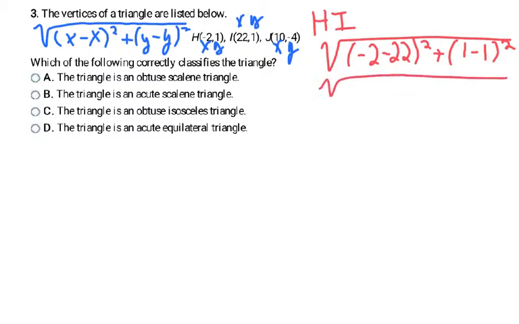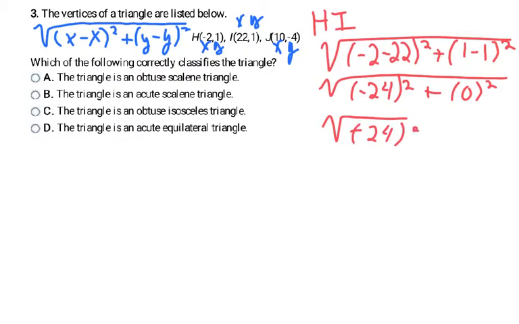And so I just simplify this out. Negative 2 minus 22 is negative 24 squared, plus 1 minus 1 is 0. And so here, the square root of negative 24 squared is what we're left with, because 0 squared is 0, and you add anything to 0 and it's just itself.